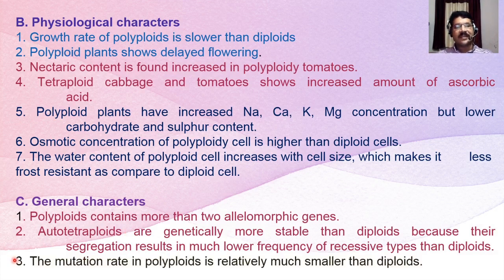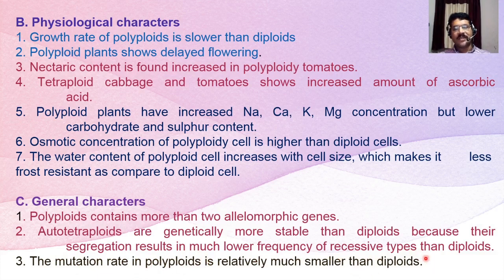This is the last characteristic of these polyploids, that is the mutation rate in polyploids is relatively much smaller than diploids. So mutation will not easily take place in polyploids, or if it takes place, then it is very little as compared to the diploid cell.